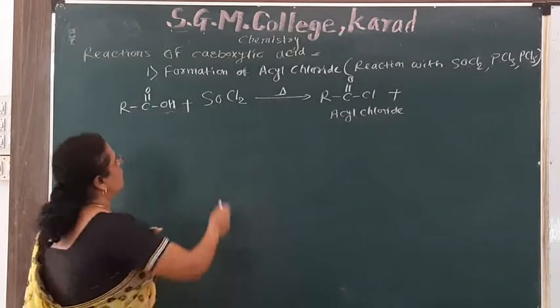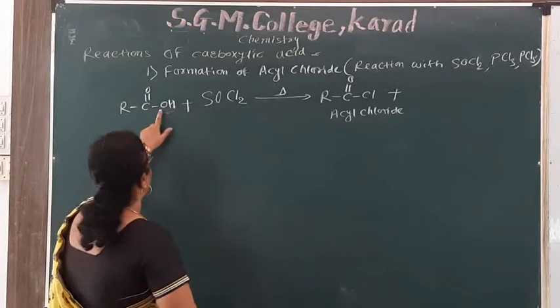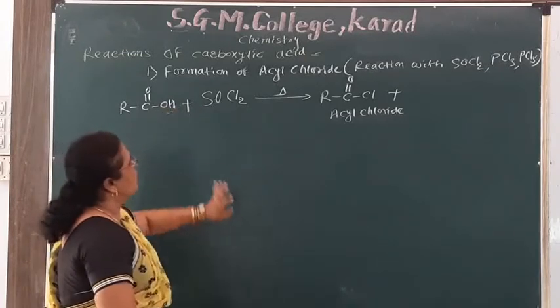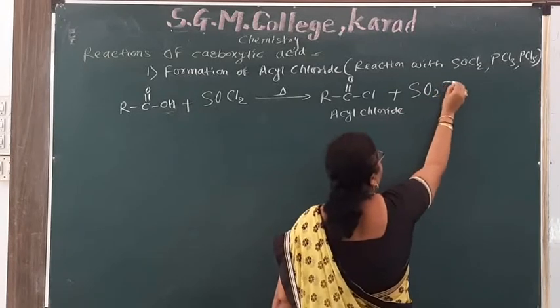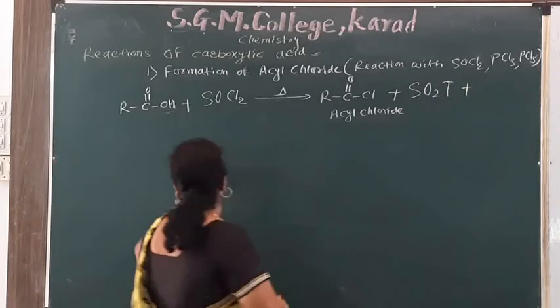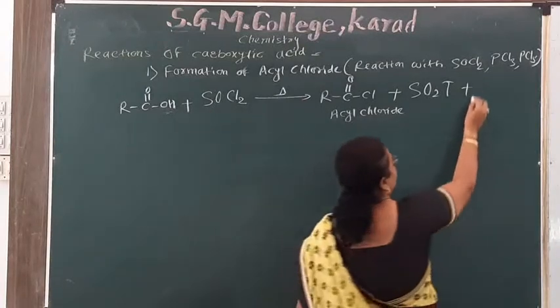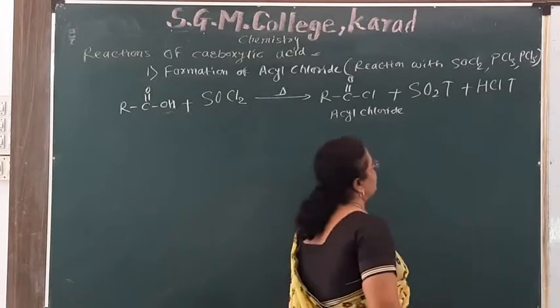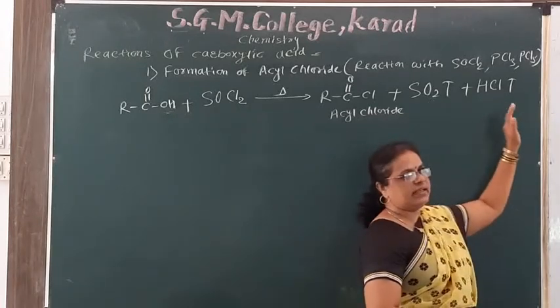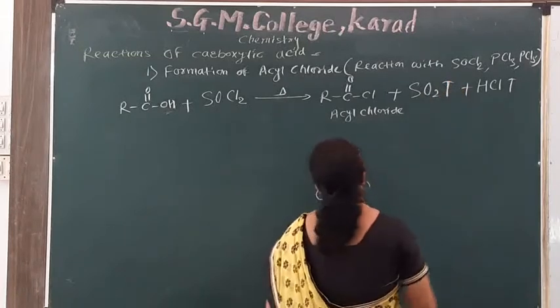This SO and this O gives SO2, plus this H and Cl gives HCl. SO2 is in gaseous state, also HCl is in gaseous state, therefore arrow in this way.